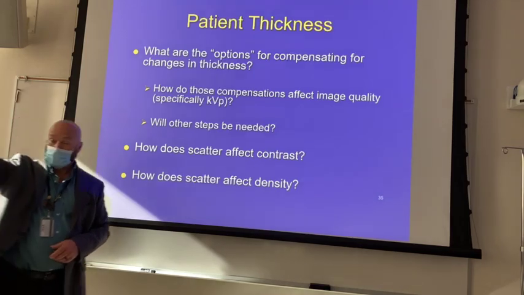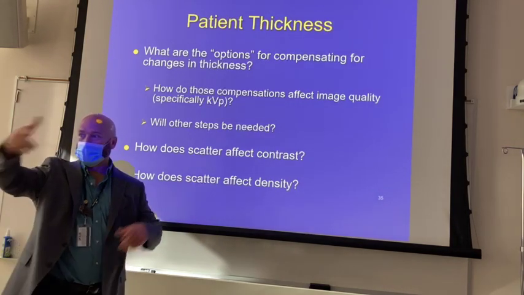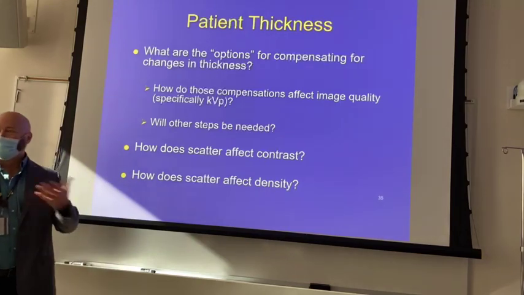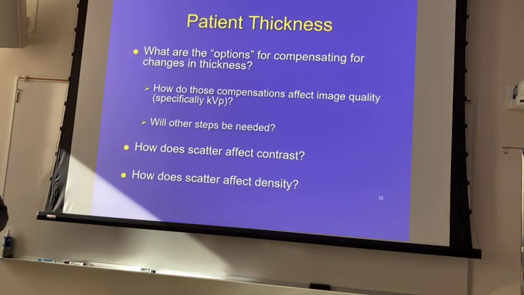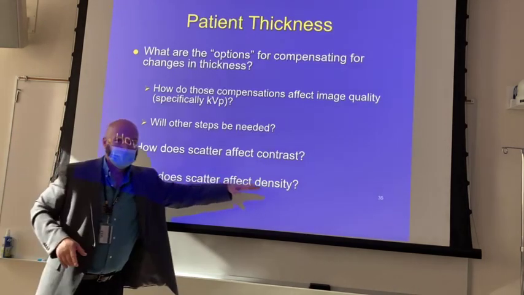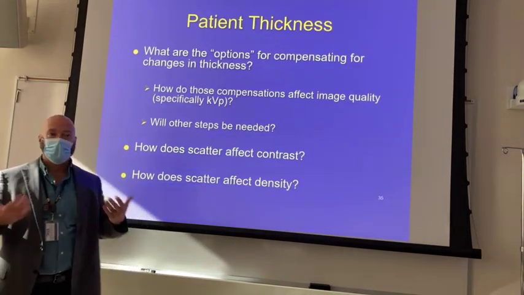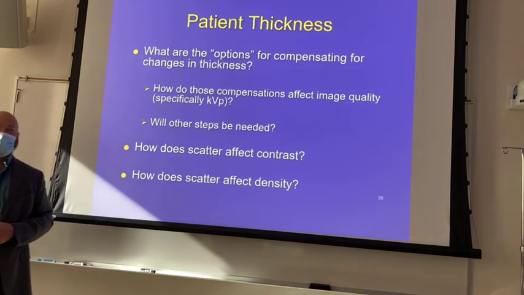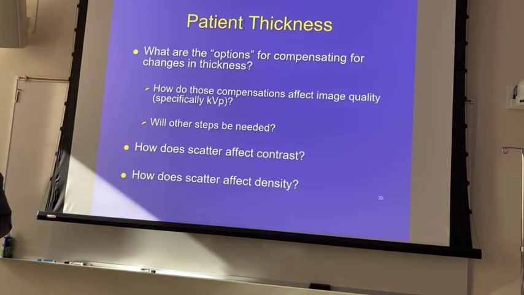It increases visibility. Yes, it increases visibility by getting rid of some of the scatter. But what does it do to your image receptor exposure by removing that scatter? It goes down, right? Right.